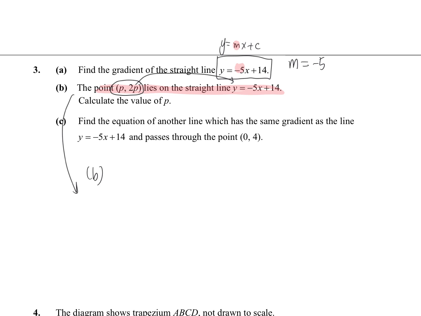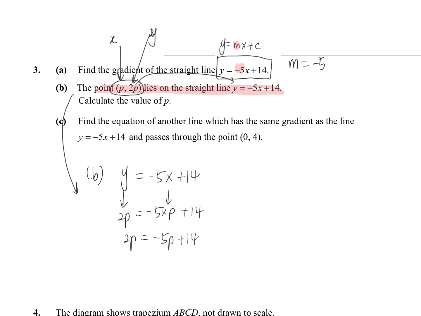So the x I put as p, the y I put as 2p. I put into the equation, x changes to p, y changes to 2p. So finally, bring this over, 7p is 14, p is 2. So the value of p is just 2.